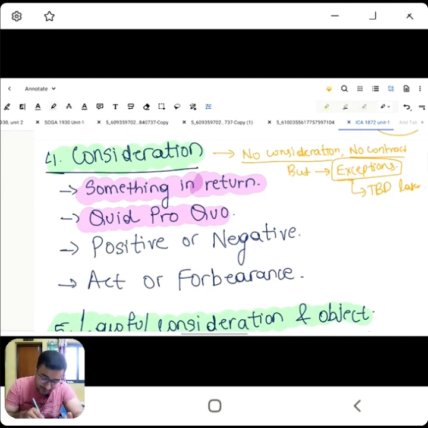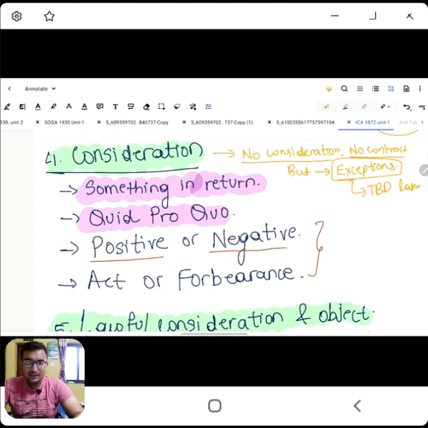Now, a very important concept which you must understand is that consideration can be positive or it can be negative. What does that mean? To tell you with an example, let's say I'm starting a coaching academy of law, and there are already 3 or 4 people who are teaching law in my state, and I tell them I'll give you 10,000 rupees.